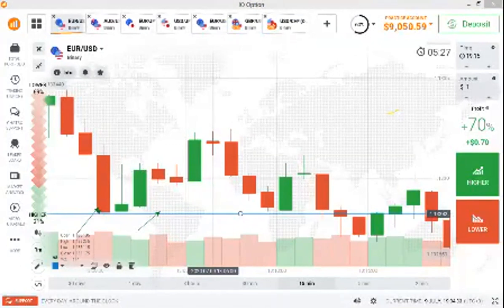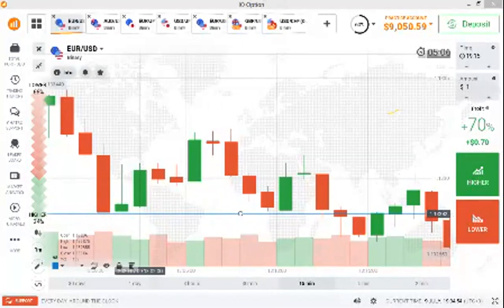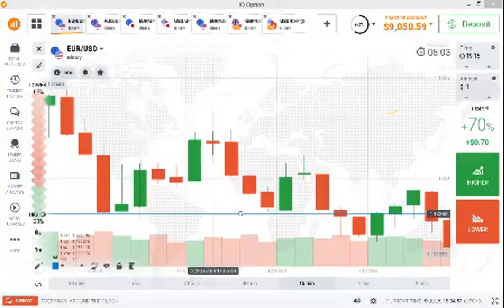So one thing you need to do is you place your line at the body of the highest candle below. That means when you place your line at the body, it is touching both the candles, the body of the candle.